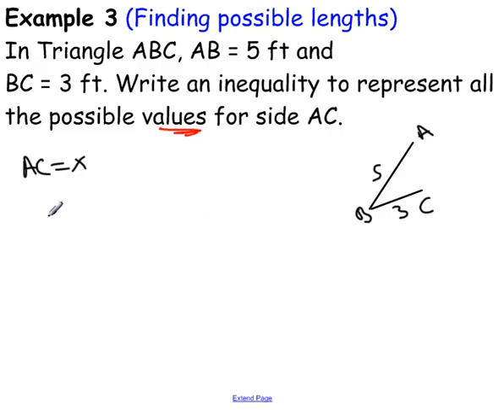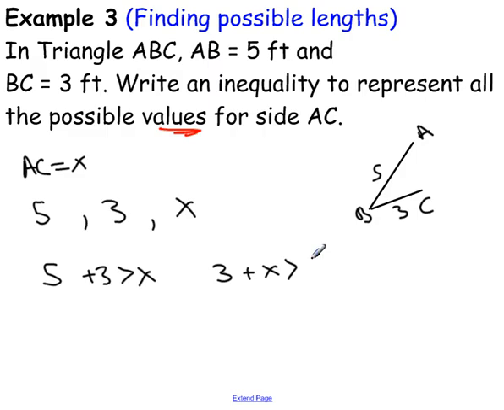So our three sides are 5, 3, and X. So using the triangle inequality theorem, I know that 5 plus 3 has to be greater than X. I know that 3 plus X has to be greater than 5. And then finally, I know that 5 plus X has to be greater than 3. And then I'm just going to solve each one of these inequalities for X. So 5 plus 3 is 8. So we know that X has to be less than 8.